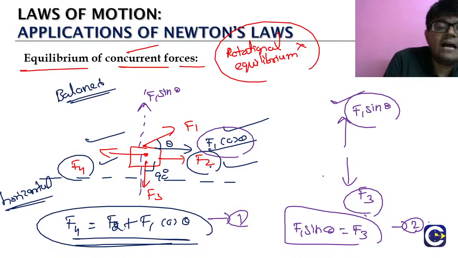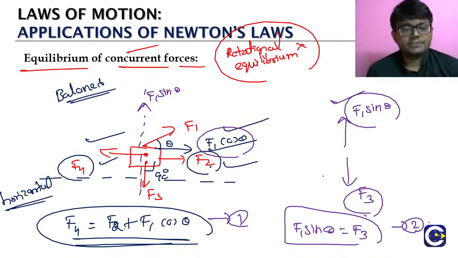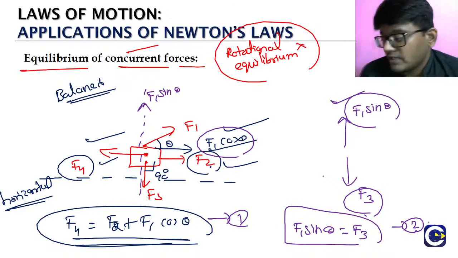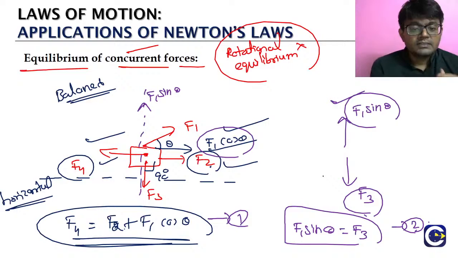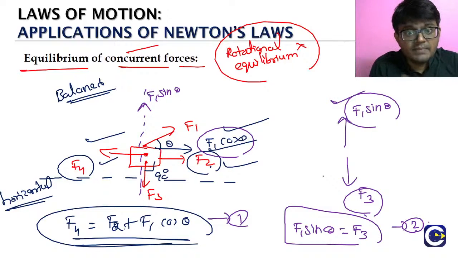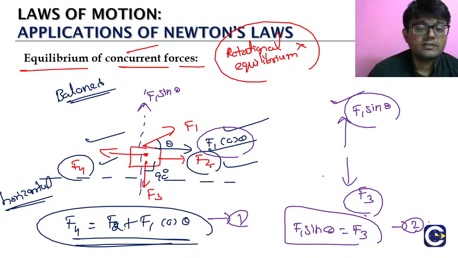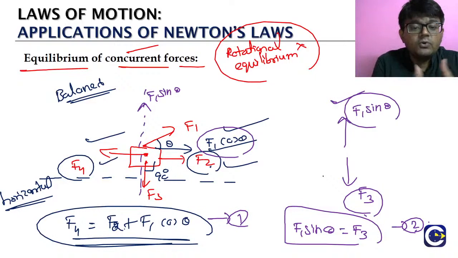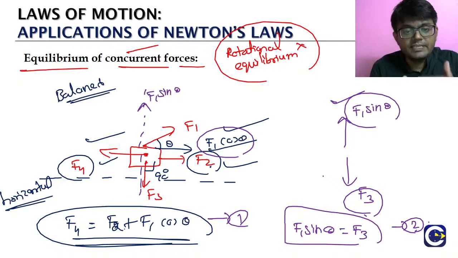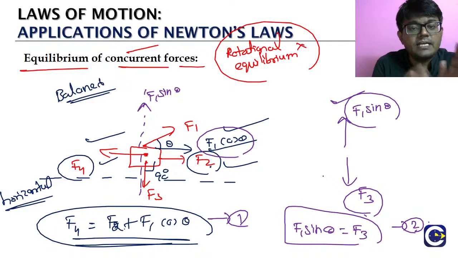So whenever we have balanced forces, from that we can derive equations by selecting directions. Here I said horizontal and vertical, but how do we come to that conclusion? Based upon the way the forces are actually distributed, we'll choose the directions where we'll apply the balancing conditions.